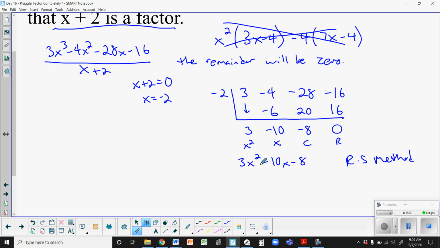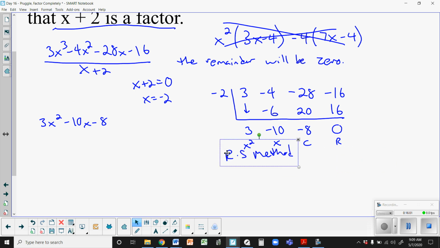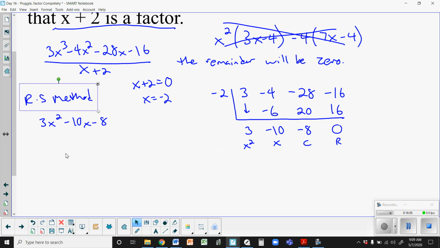And the RS method, we know that R times S, so 3 times, and let me just move this over to here so we don't have to go as far. So we're going to factor using the RS method. I'll put this up top here. So we know that R times S equals 3 times negative 8, which will be negative 24.